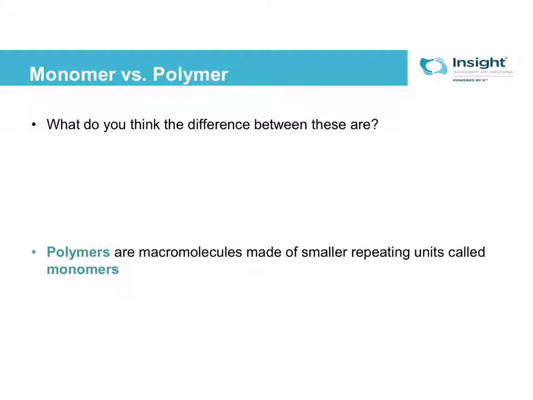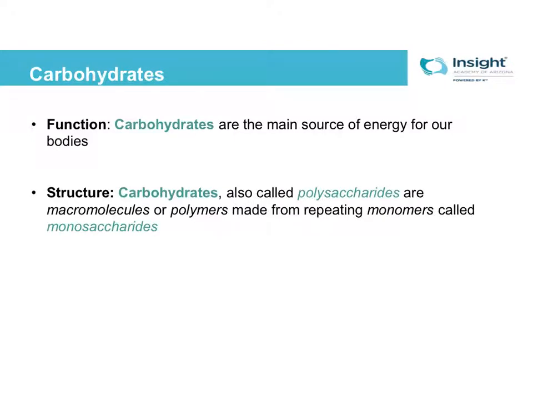All right, carbohydrates are a great example of how this comes together. So carbohydrates, their function in our bodies is to provide energy. That's the primary reason why we need to eat so much sugar, essentially. All right, so carbohydrates, you'll see this other term, polysaccharide, when talking about them. All right, that's the polymer name.